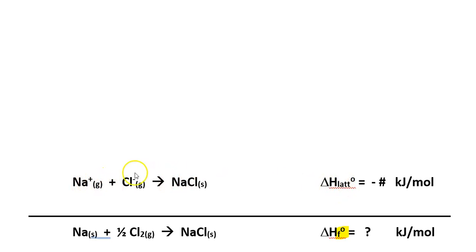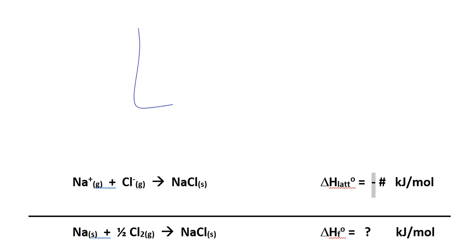Since lattice energy is the energy of the gaseous ions forming 1 mole of the ionic solid, because at room temperature, ionic compounds are solids. To form the compound, you have to be in a gaseous state and you have to already be an ion. This value will be negative, okay? It will definitely be negative, highly negative, in fact. The reason is, one, you're going from a gas to a solid.